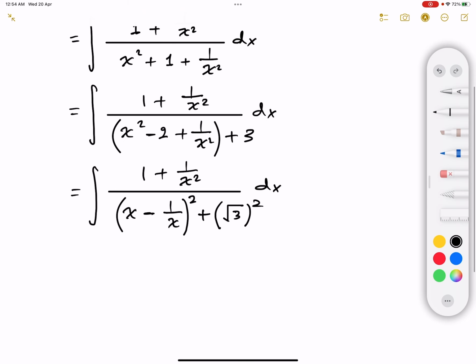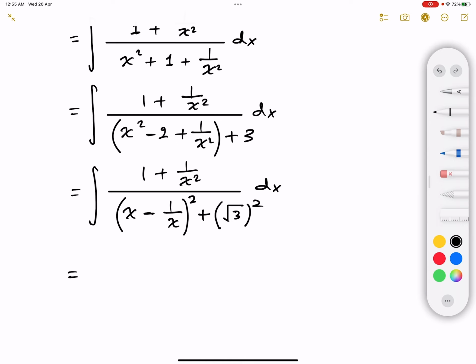So a simple u substitution, we can let x minus 1 over x equals u. So we're going to end up having du divided by u squared plus 3, okay, which basically should remind us of the inverse tangent, but we can do it right away. Actually, we don't have to do the substitution.